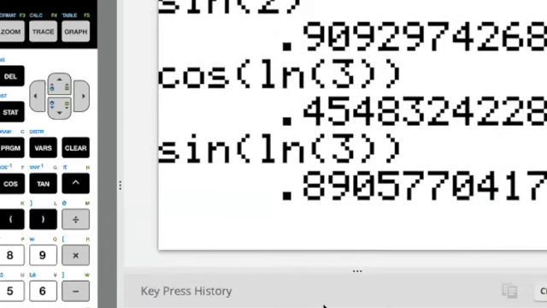So ln3 radians is the 63 degrees. And that's how you raise something to a different base.